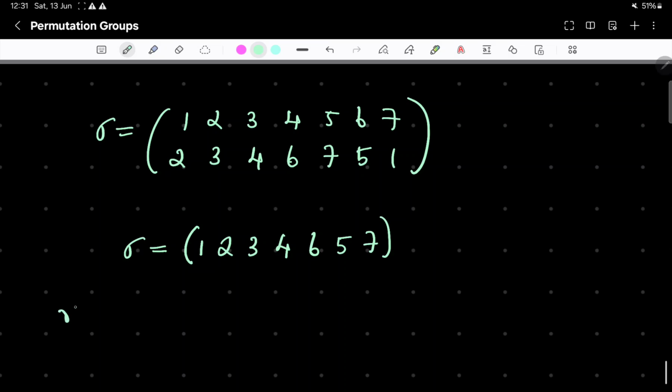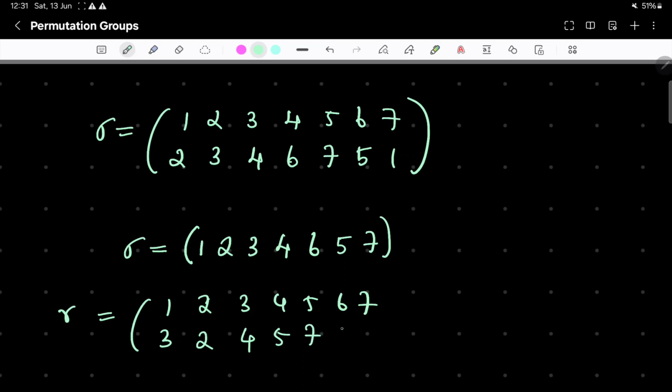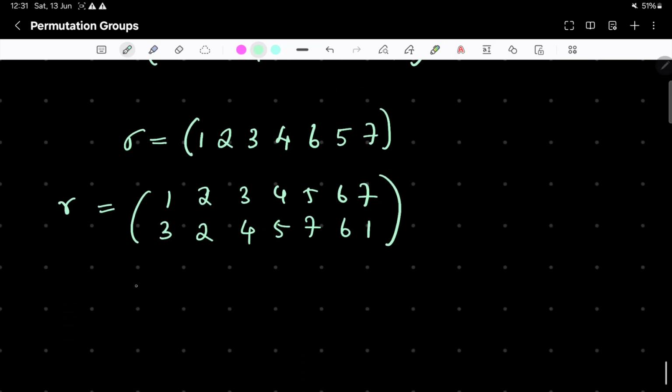Now let's see one more, maybe you can see the difference. So 3 2 4 5 7 6 1. Let's look at this one. How do you write it? You start from 1, nothing is repeated, right?